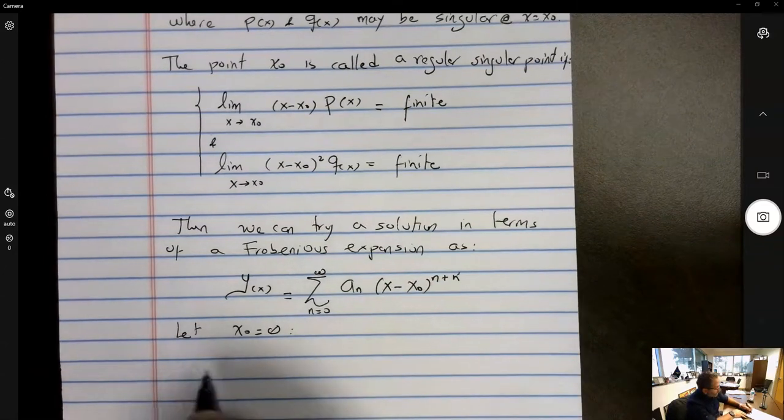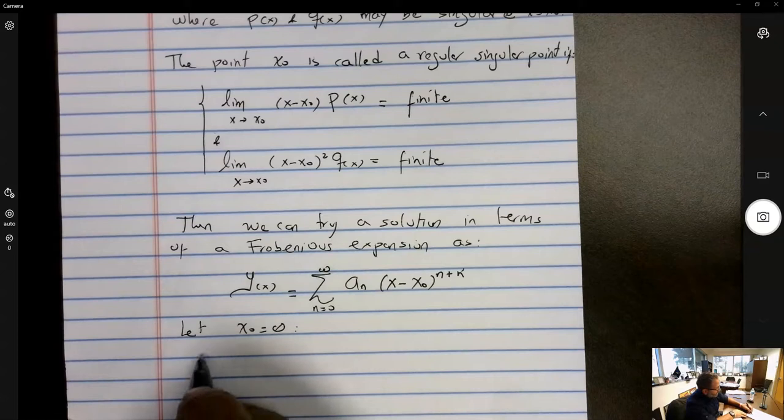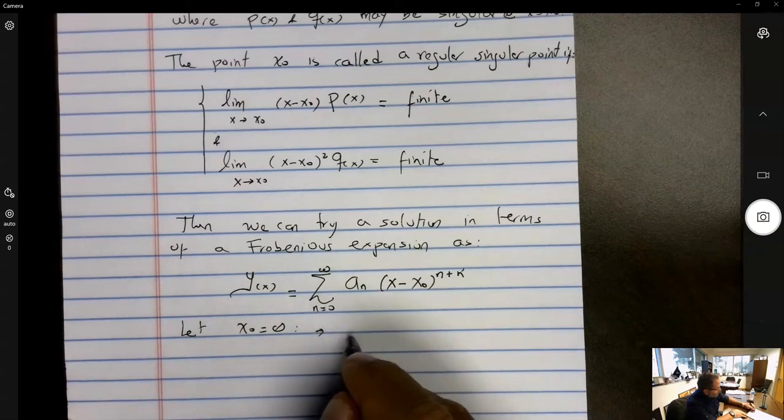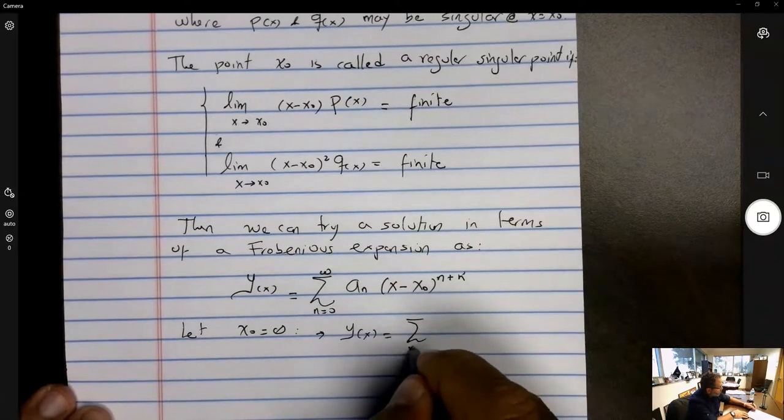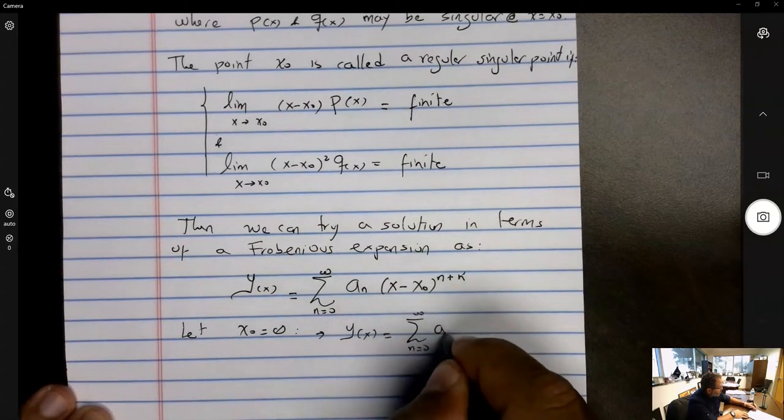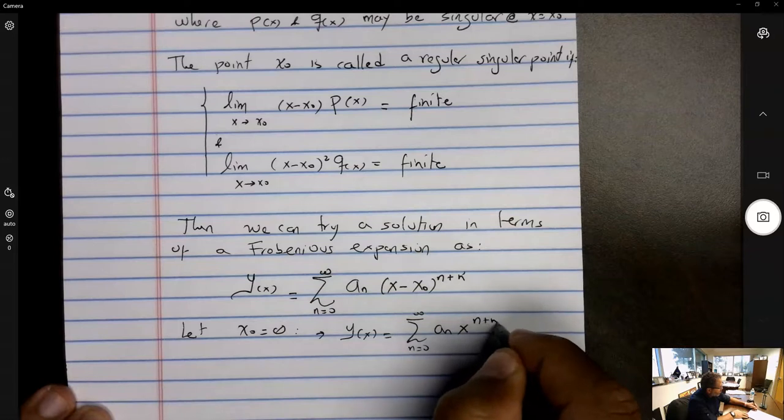And then if y of x is equal to, I'm going to write it here, y of x is then equal to the summation from n equals 0 to infinity of a_n x to the n plus k.